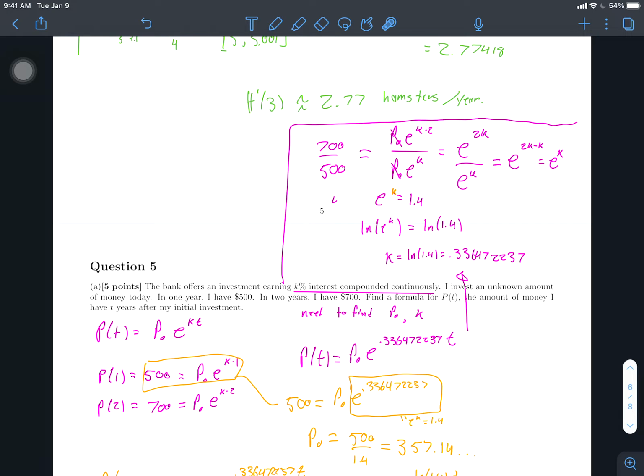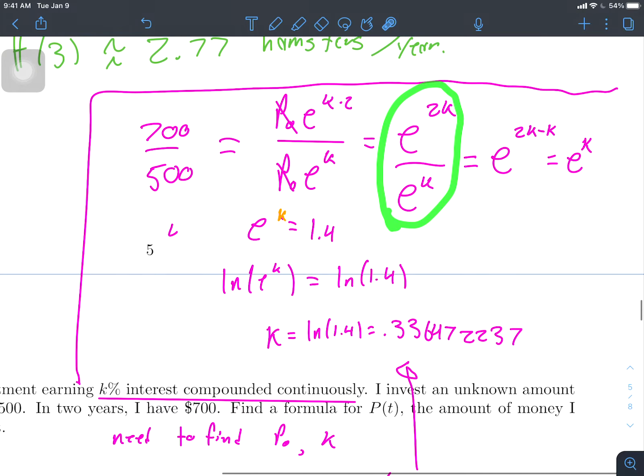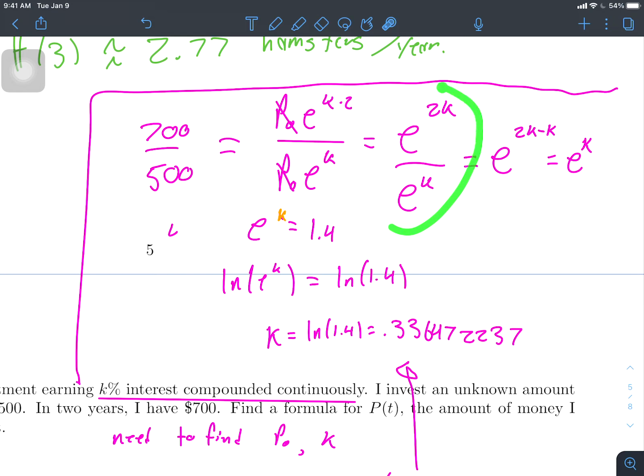I'm left with just e to the 2k divided by e to the k, which we should recall simplifies this way: if we have a number to a power divided by that same number to another power, we combine these by subtracting the powers. So I get e to the 2k minus k. Well, if I have 2k and I take away k, I'm just left with k.